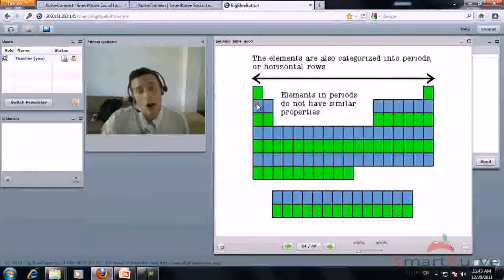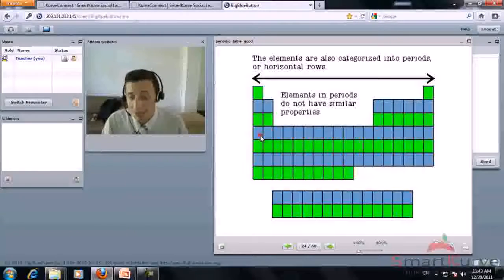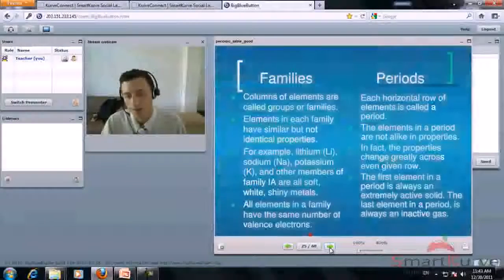So hydrogen has 1 valence electron, so does lithium, so does sodium, so does potassium, so do all of these elements in the first column. But they all have a different number of shells, a different number of energy levels. Let's move on.